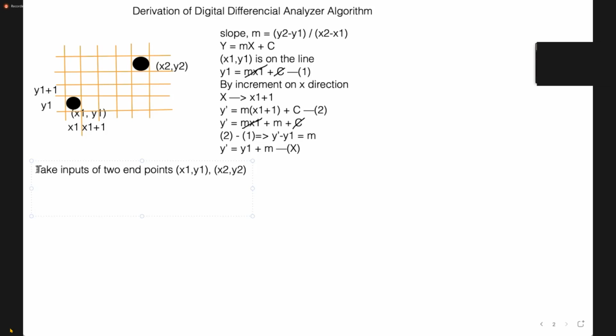That is the first step. Then the second step is calculate the slope, m equal this one.